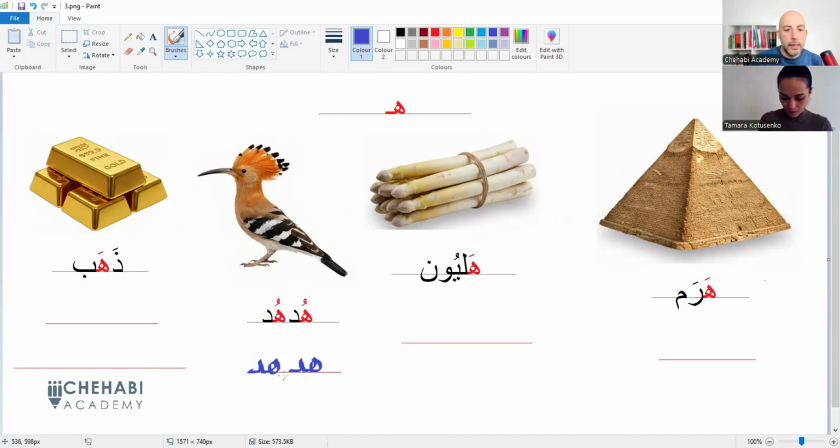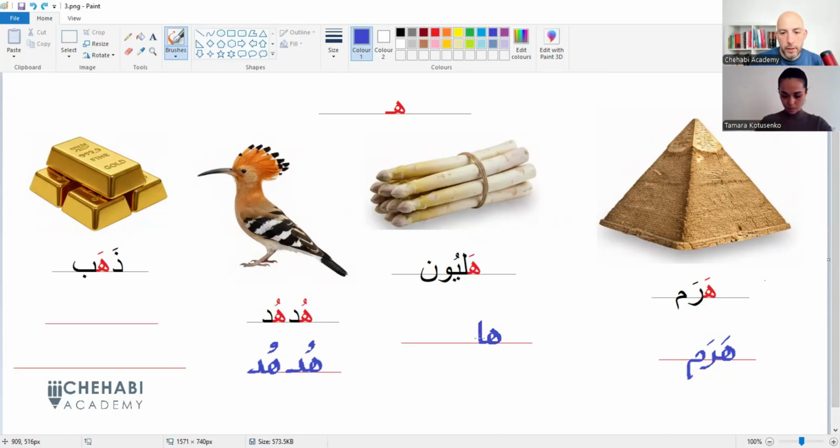Very important is that the gap between the two syllables of the word cannot be too long. Hud, hud. Haram: ha, ra, and we have to keep a small gap because ra does not join. And then mim, haram. Next word, halyun.